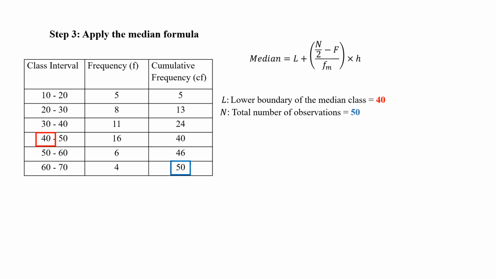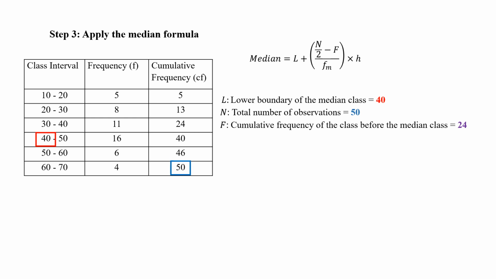This 50 is the total number of observations, or the cumulative frequency of the last class. Here f is the cumulative frequency of the class before the median class.